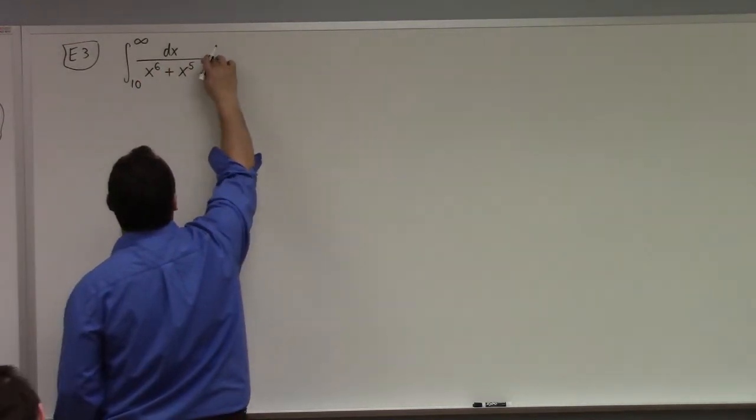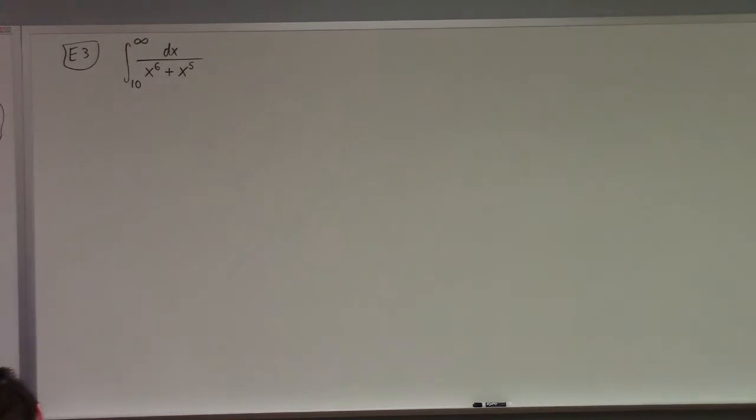So my intuition here is that this converges. Because for very large x, what this behaves like is what? If we think about x becoming very, very large, this is essentially like the integral of dx over x to the 6th. So I know that that is a convergent integral. Essentially, I can ignore the x to the 5th, right?